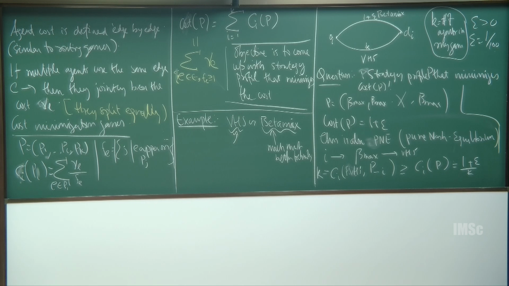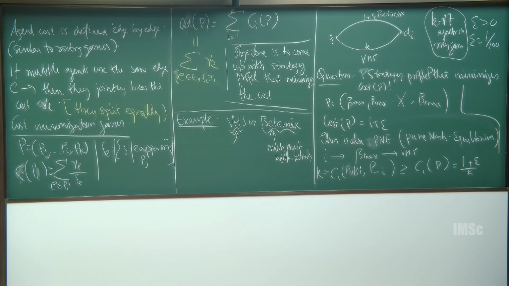Suppose some ith agent changes from VHS to Beta Max, whatever that means. But now, if we compute the cost Ci of Beta Max, comma, P hat minus i, what is this quantity?